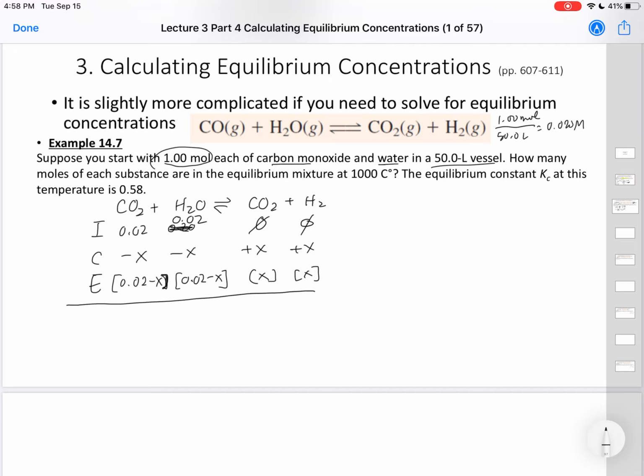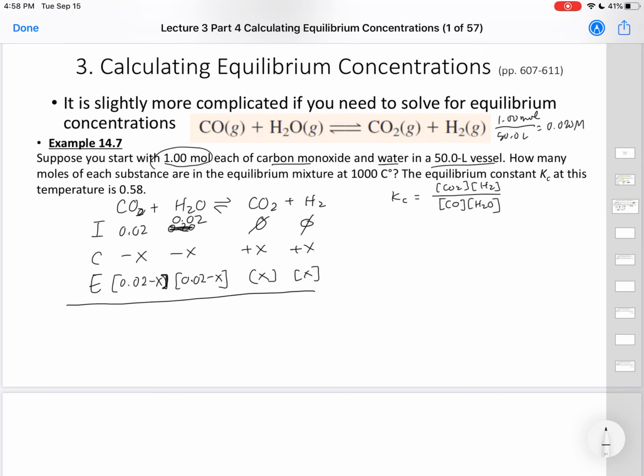So let's see how you're going to solve for x. You know that Kc is products over reactants, so it really is the concentration of CO2 times the concentration of H2 over the concentration of CO times the concentration of H2O.